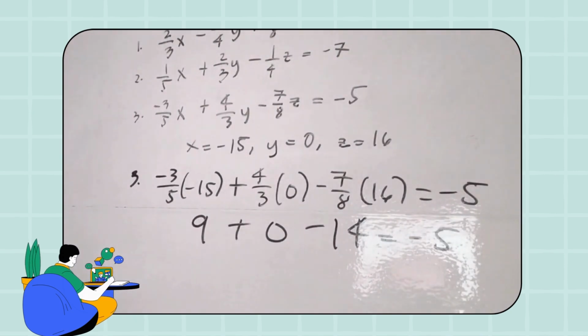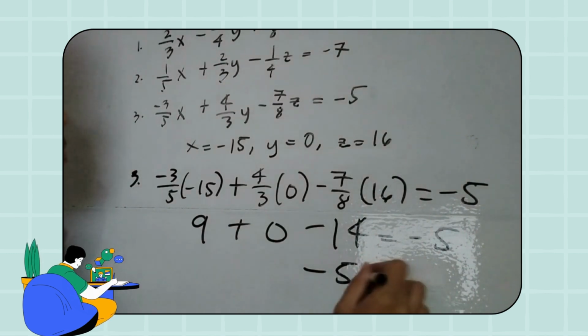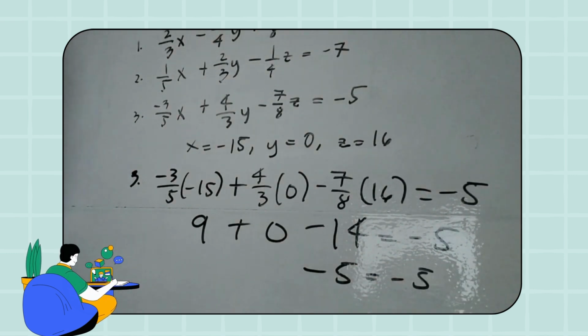So let's solve it. 9 plus 0 is 9, minus 14 is negative 5, which is also equal to negative 5. That means that the solution x equals negative 15, y equals 0, and z equals 16 satisfies all three original equations. Thus, the solution is verified as correct.